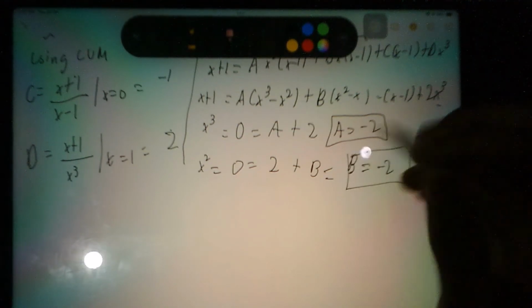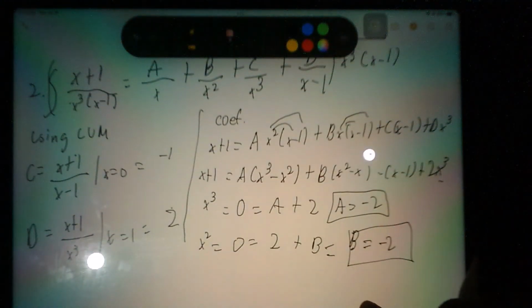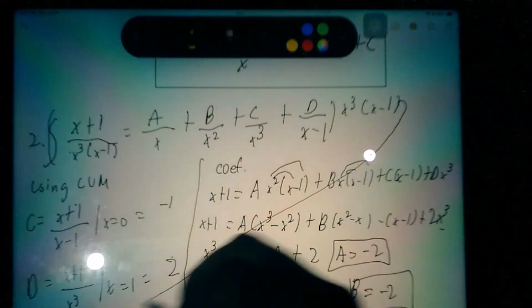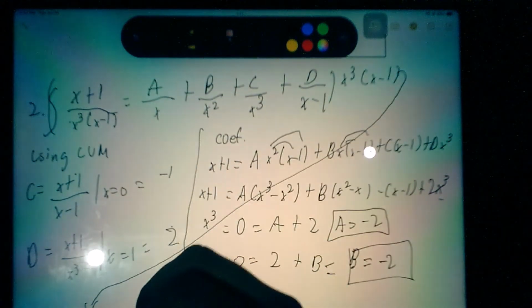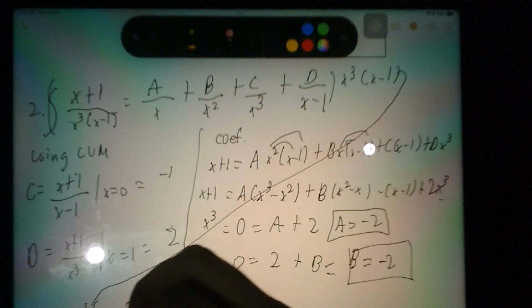So now we have our values. A is negative 2, b is negative 2, c is negative 1, and d is 2. Now by moving this equation here, you see a here is just negative 2 over x.